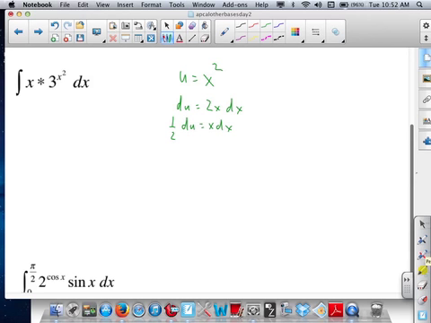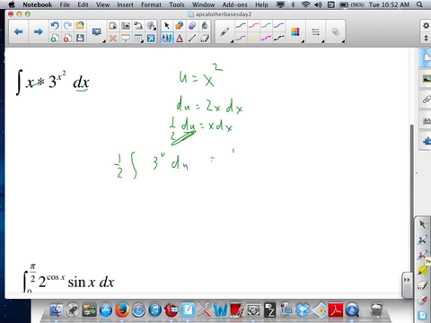When I substitute things correctly, that would be 1/2, and the x dx will be substituted with this half du right here. So that would wind up being 3 to the u du.